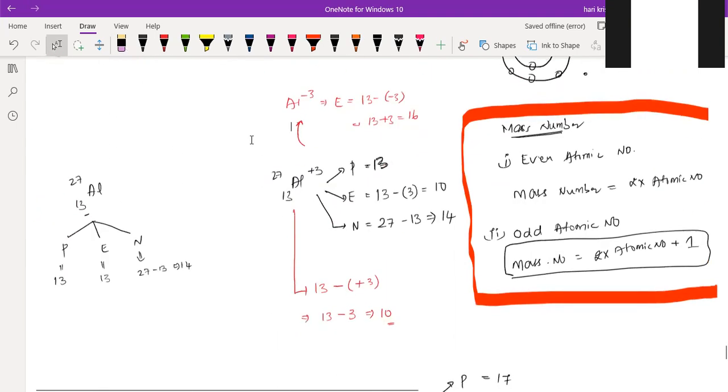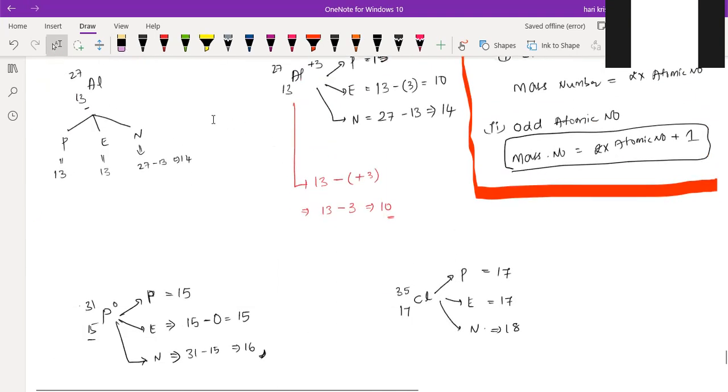Okay. Now we will draw the structure for the atom. First aluminum we will draw. First we'll draw the nucleus part. Then the electrons. When you're drawing the structure, we'll count only the electrons, because all the protons and the neutrons are inside the nucleus.